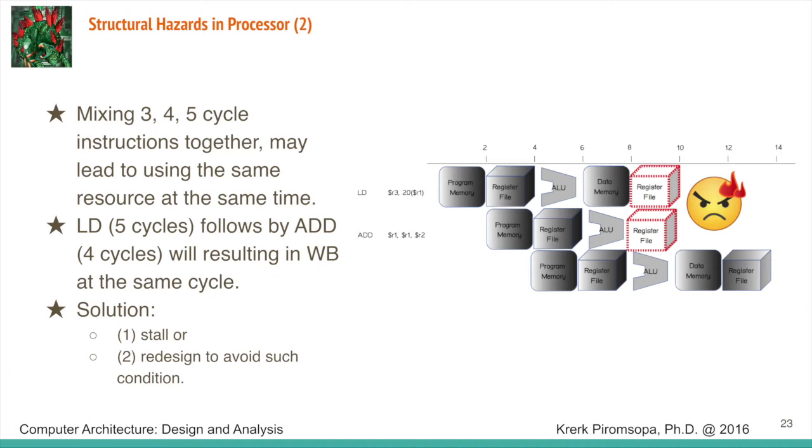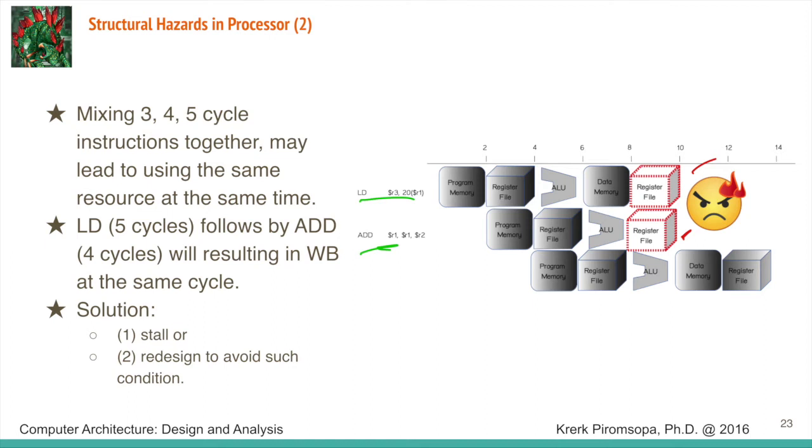Let's try another one. What would happen if you mix 4-cycle instructions, like the add instruction, and the load instruction, which may require 5 cycles? Here's an issue. When you have a 5-cycle instruction coming and a 4-cycle instruction after, since the add instruction is R-type, it doesn't have to do anything with the memory.